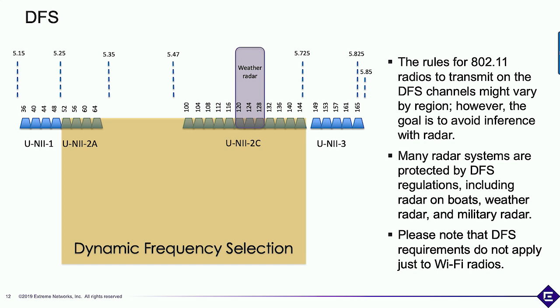So there are rules for this, and the rules vary from region to region in terms of what channels you can use, how much power you can use, and it even varies a little bit on some of the back-off times that we're going to talk about right here.